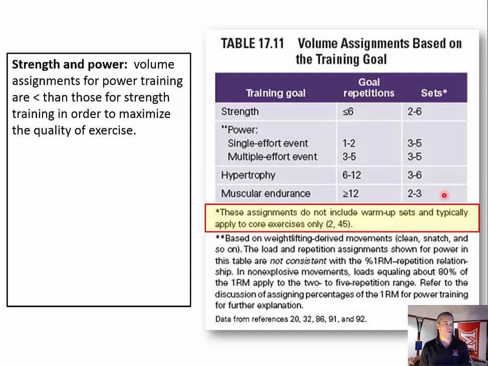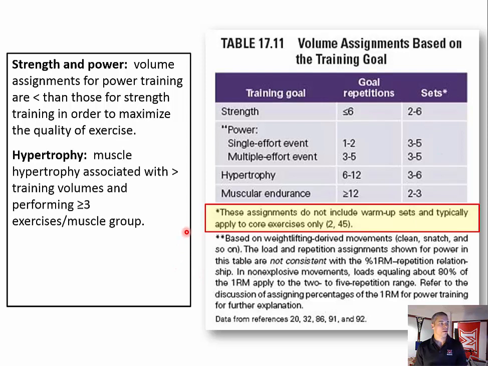It's important here when we're talking about the number of sets that these values that you see here do not include warm-up sets and typically apply to the core exercises only. So again, the squat, deadlift, and various presses and rows.